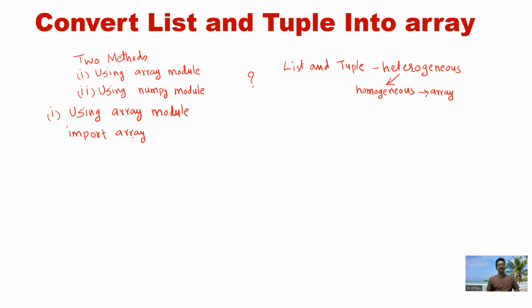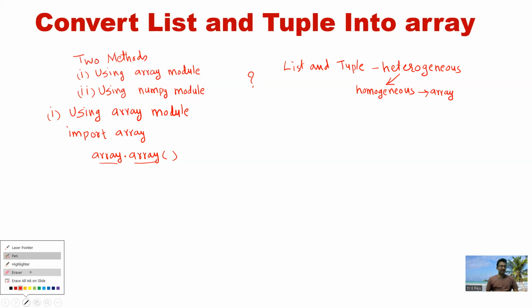If you want to explicitly use this array module and convert into an array, then you have to call the array method by using the array module: array dot array of, and then you pass a list as argument here. So two times you need to use this word array. If you want to avoid using it two times, then you can use this way.